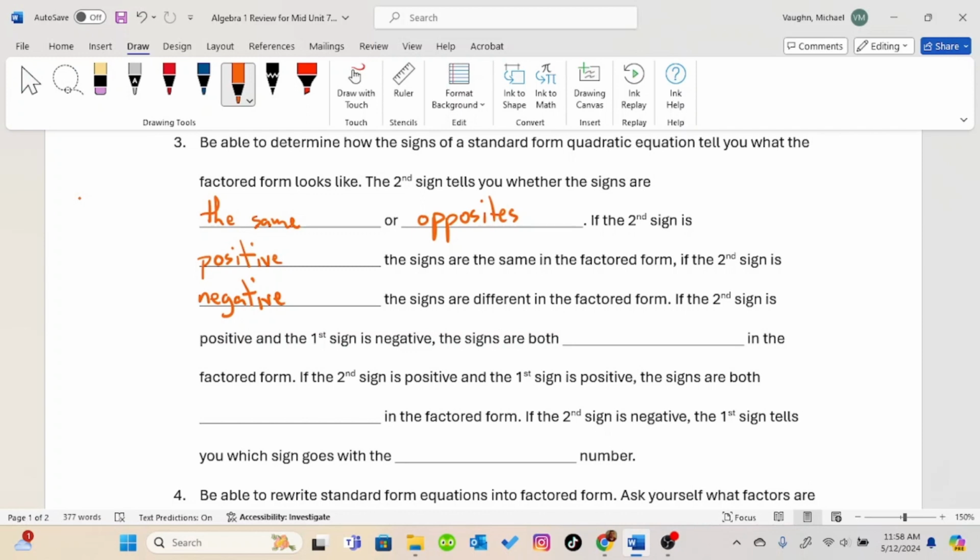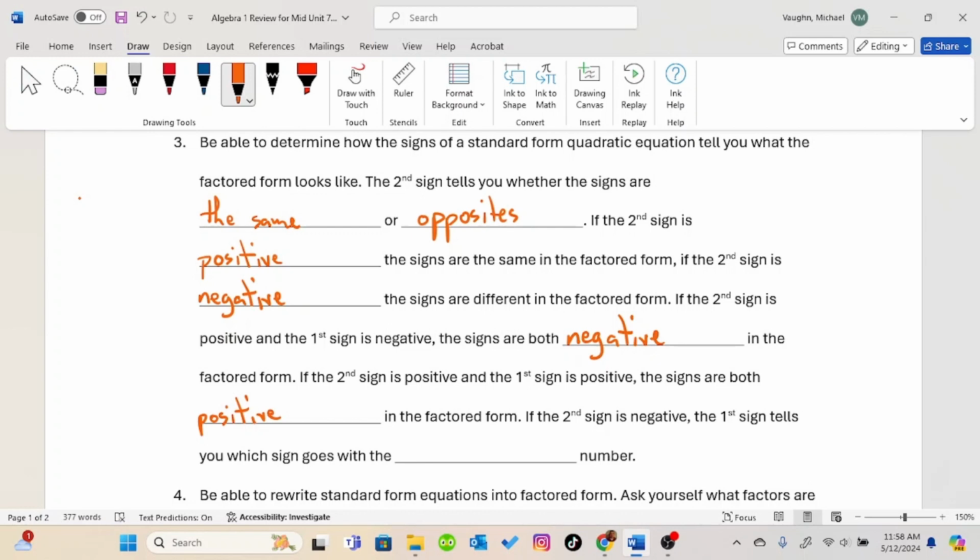If the second sign is positive and the first sign is negative, the signs are both negative in the factored form. If the second sign is positive and the first sign is positive, the signs are both positive in the factored form.